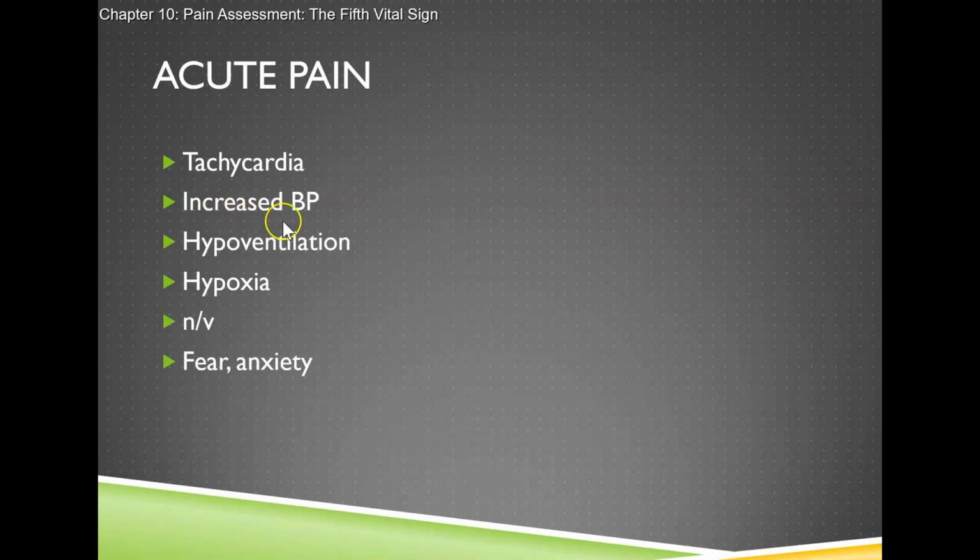They have increased blood pressure. That's why it's important to take vital signs. Hypoventilation, hypoxia, they can't hardly breathe. They have nausea and vomiting. Have you ever been in pain so much that you threw up? And they feel fearful and anxious. Those are the signs and symptoms I would suggest that you remember.